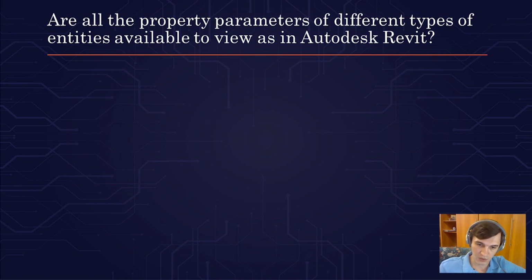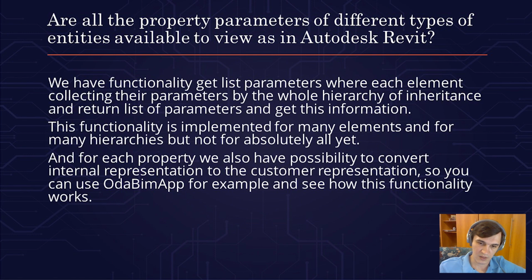Next question: are all the property parameters of different types of entities available to view as in Autodesk Revit? We have a get list parameters functionality where each element collects its parameters through the whole hierarchy of inheritance and returns a list of parameters and this information.